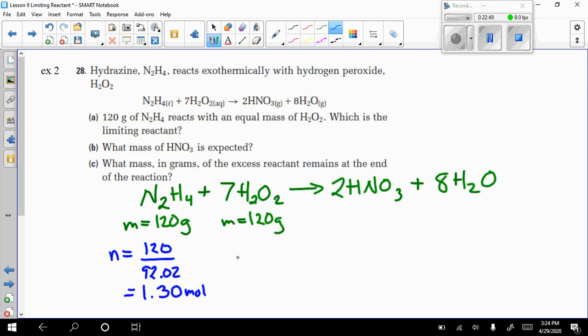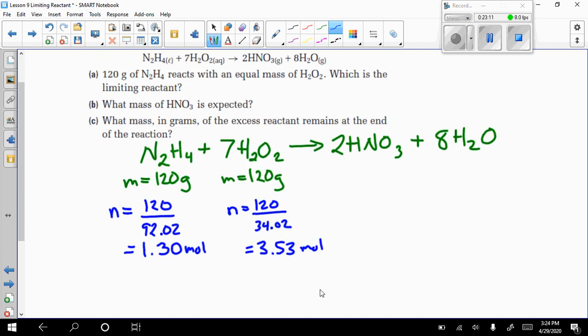And here the number of moles is 120 divided by 34.02, so you get 3.53 moles.